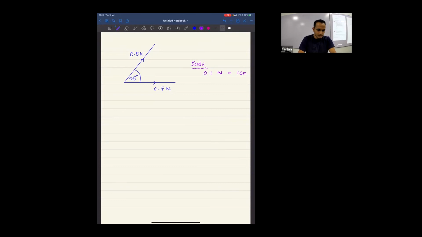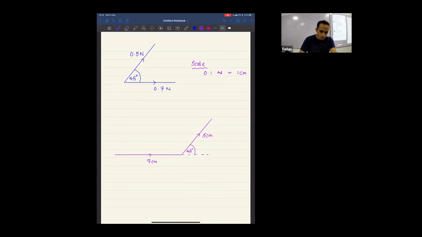So 0.7 newtons, we will draw a line of 7 centimeters. Then from where you are ending that 7 centimeter line, at an angle of 45 degrees, 0.5 newtons will be represented by 5 centimeters. From here you draw a line of 5 centimeters, where this angle will be 45 degrees.